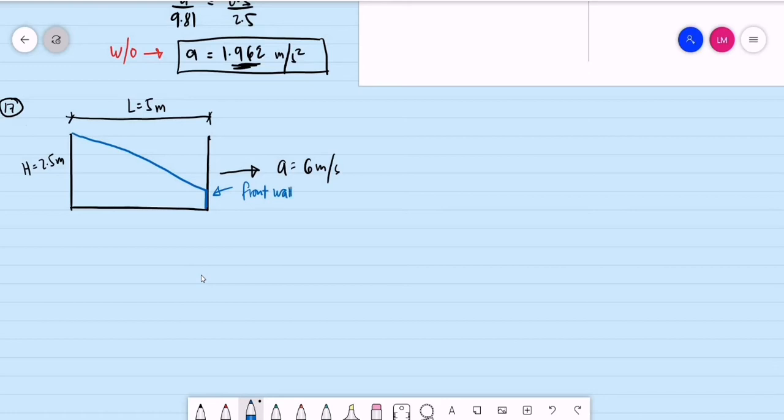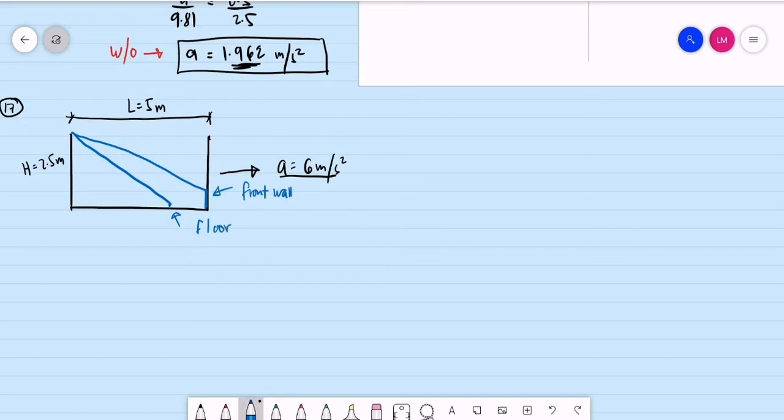The other assumption is that if 6 meters per second squared is a very high value for an acceleration, it is possible that the front edge of the liquid is already on the floor of the tank.